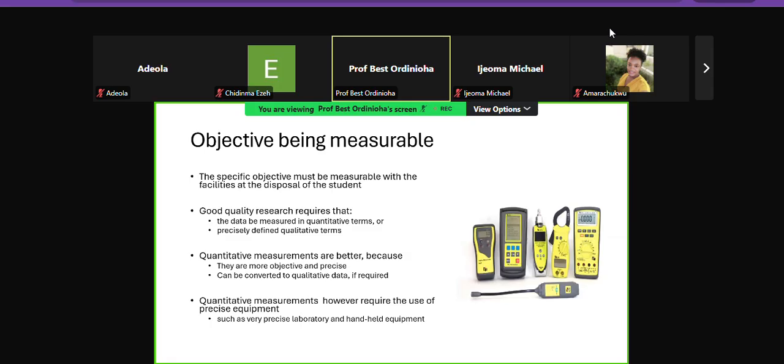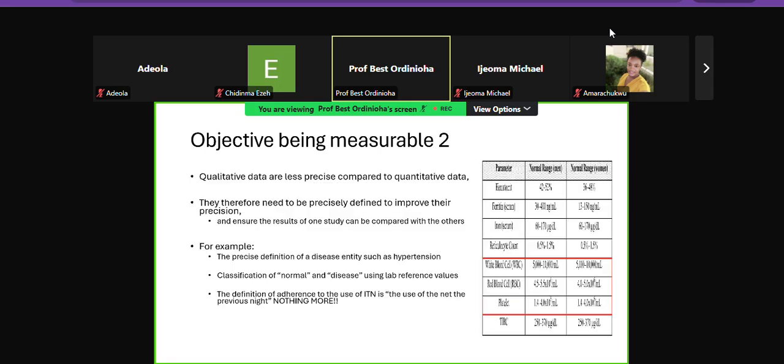However abstract that thing is, you must find a way to measure it. It's only when you can find a way to measure it that you can study it. You cannot study what you cannot measure.